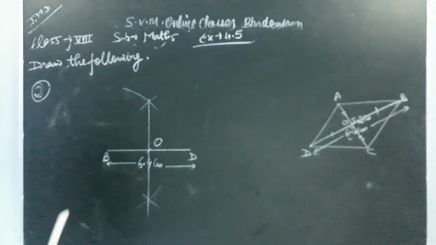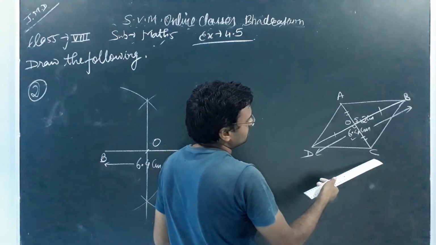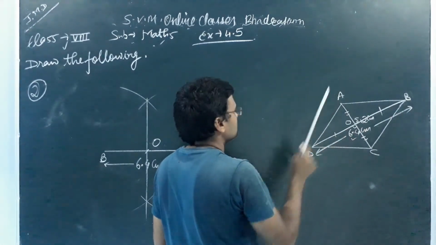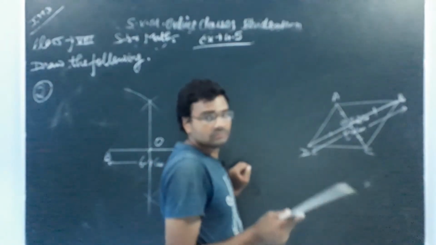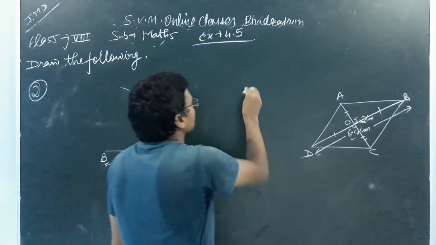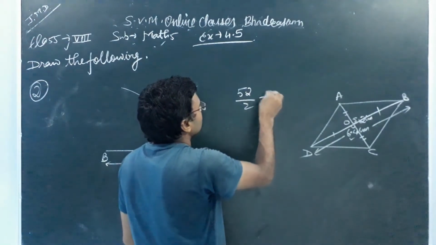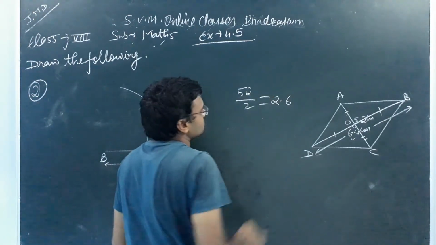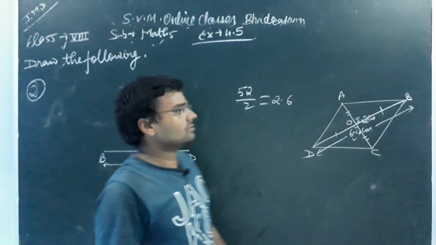Good. Now listen, actually the full length of the diagonal AC is 5.2. So 5.2 upon 2 is 2.6. So 2.6 will be on the upper side and 2.6 will be on the lower side.